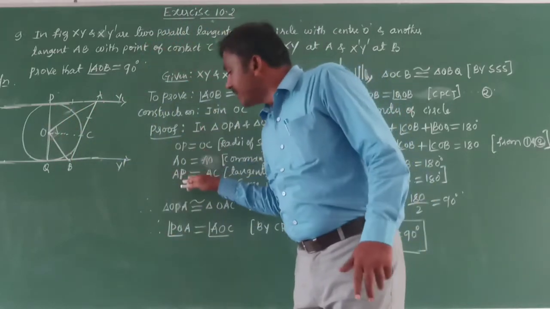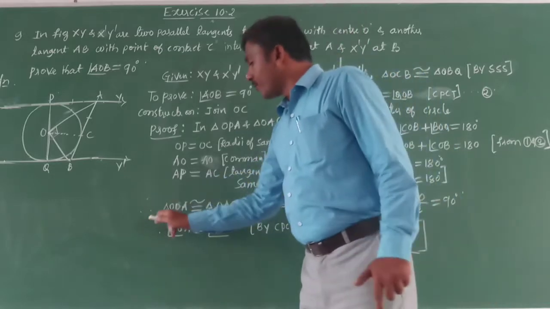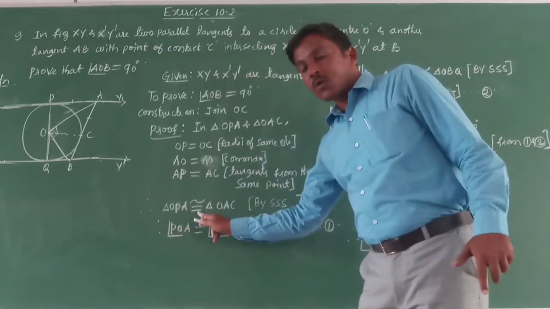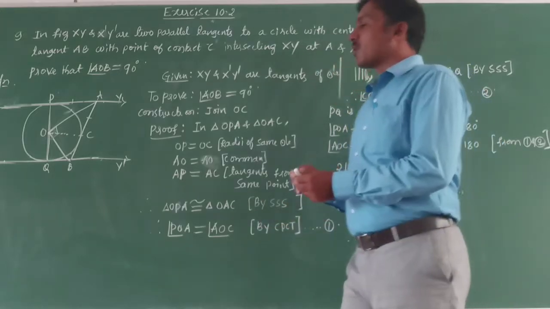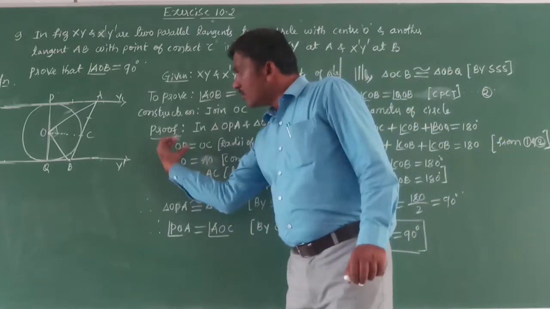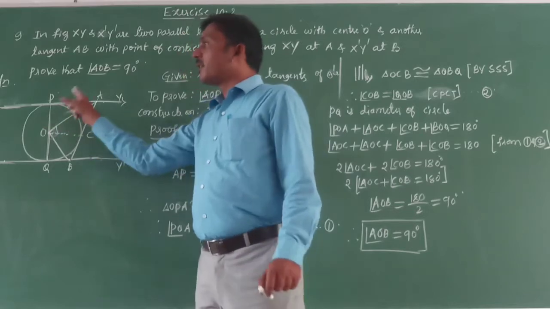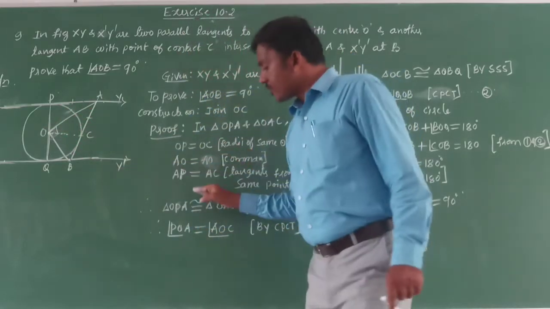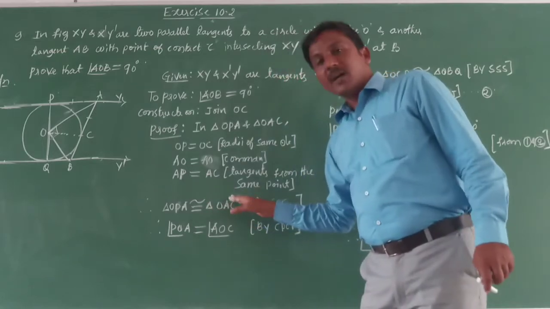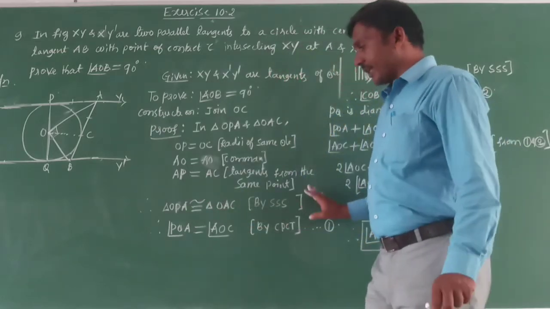By seeing these three conditions, we conclude therefore triangle OPA is congruent to triangle OAC by SSS congruence criteria, because the three sides of one triangle are equal to the three sides of the other triangle.